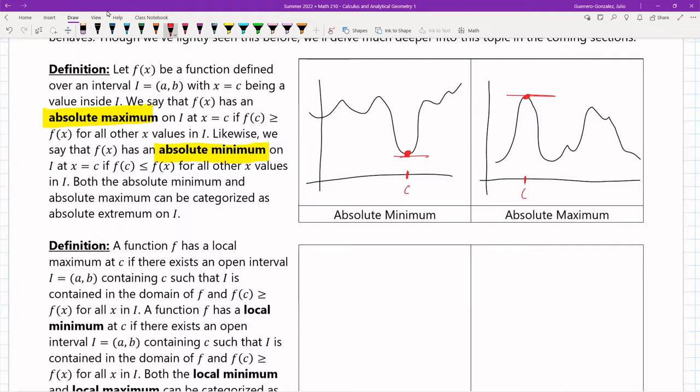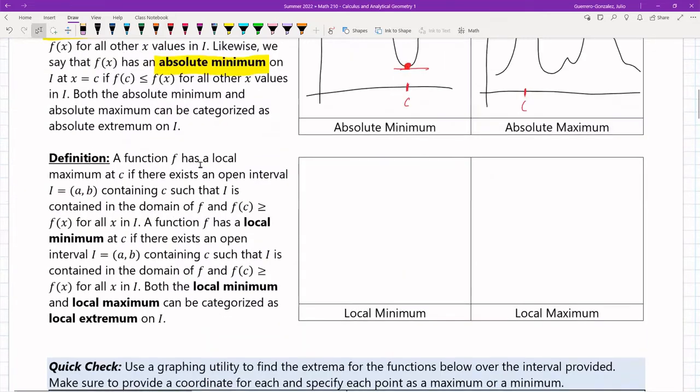If f of c is less than all other f of x, that's for the minimum. And if f of c is bigger than all other f of x, that's going to be for the maximum. Okay, it's that simple.